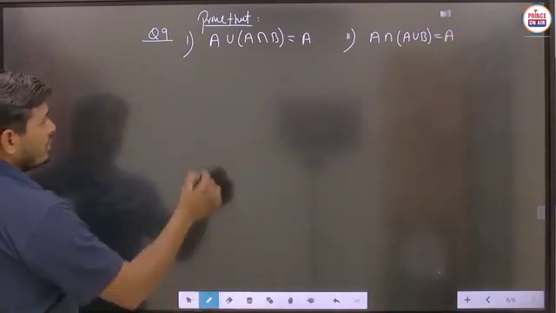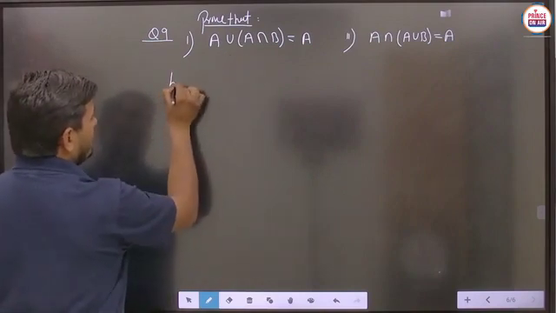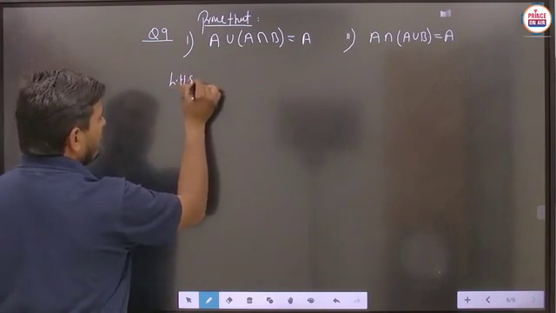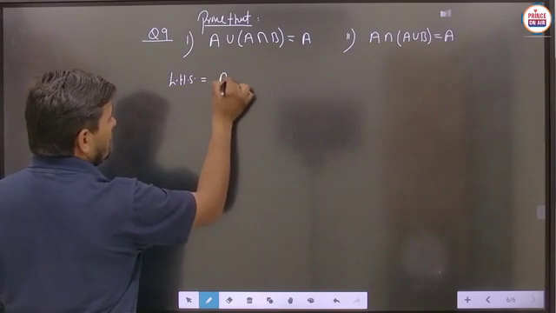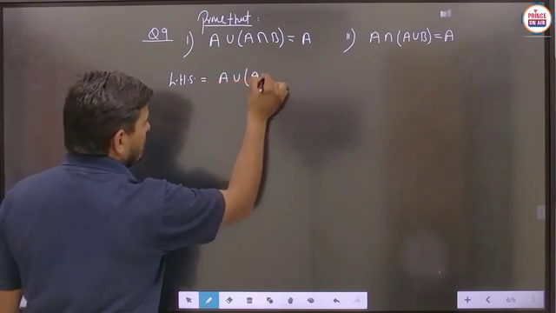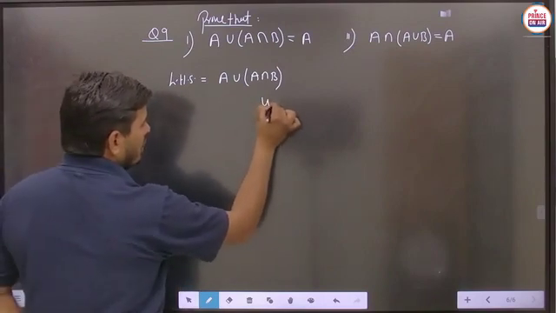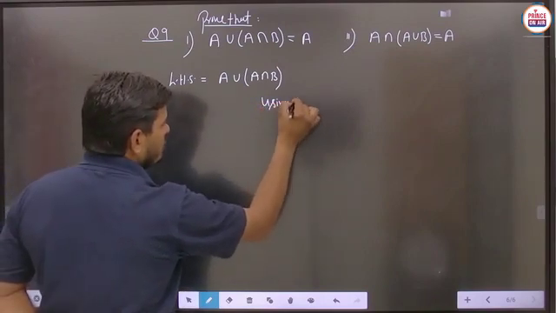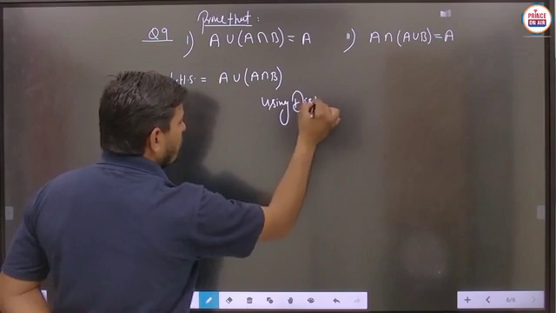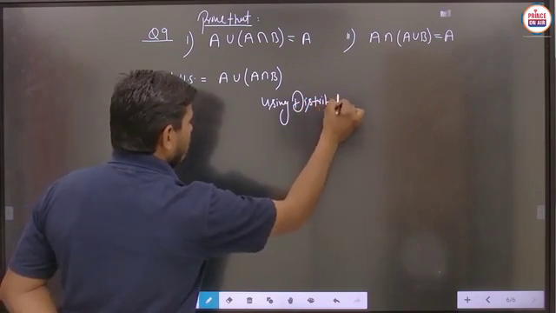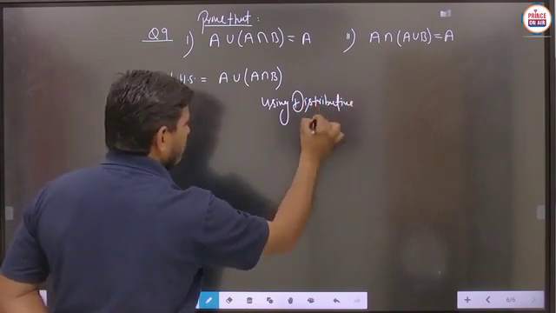So basically in this very first part, taking the left hand side, you can say that A union A intersection B. Now student, you can use the distributive property, so by using the property we have to simplify the question.